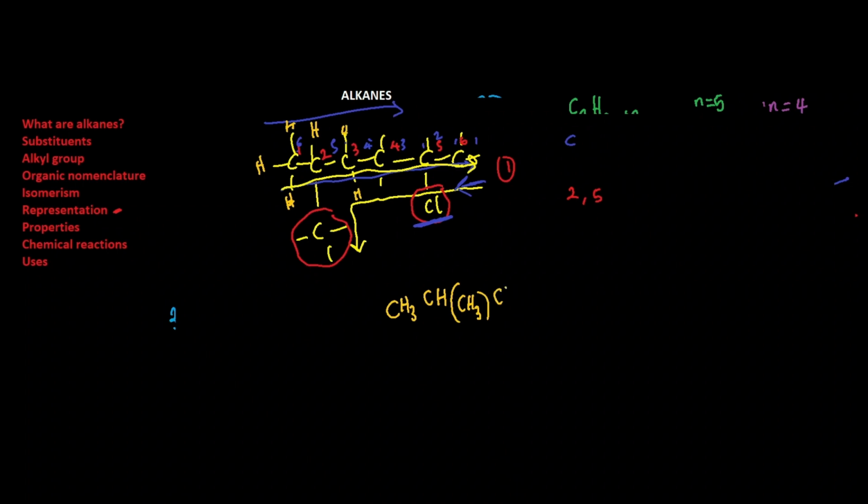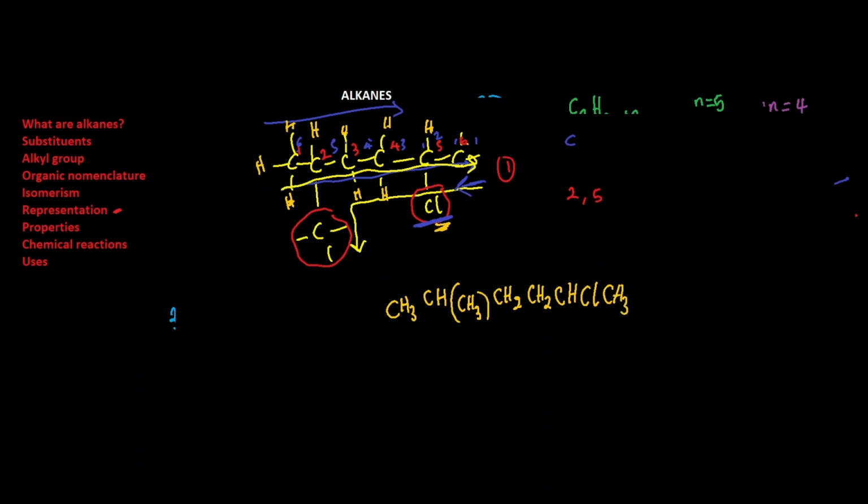Now consider the next carbon. It's attached to 2 hydrogens, so CH2. The next is also attached to 2 hydrogens, CH2. The next carbon is attached to 1 hydrogen and a chlorine, so CHCl, to indicate chlorine.